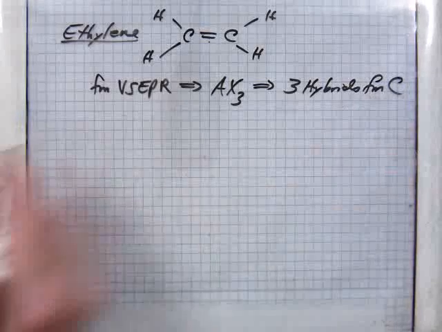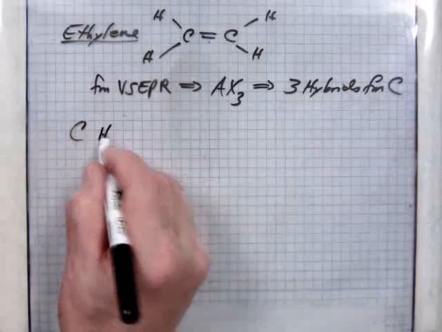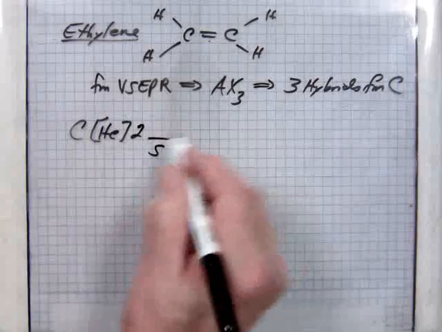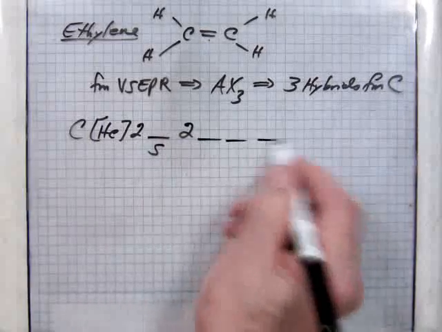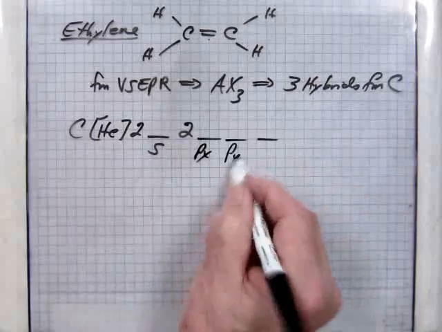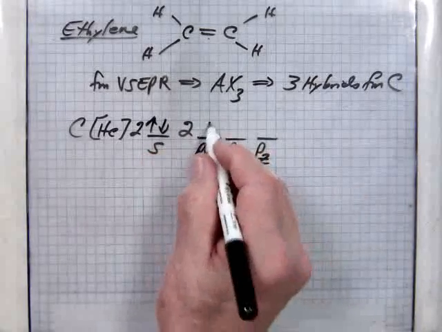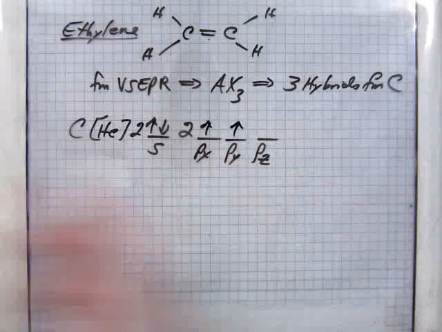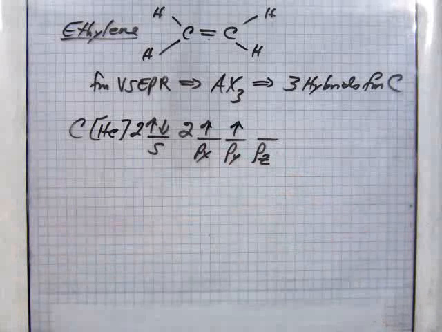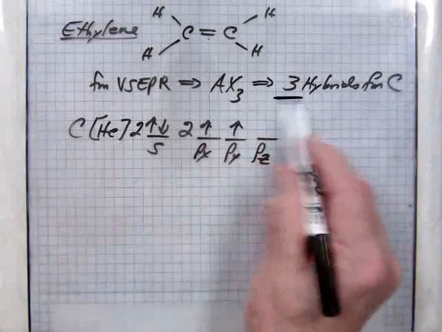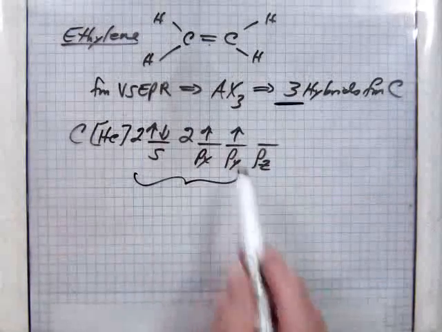Well, when you draw out carbon and look at its electron configuration, you're full in the 2s, and then you have paramagnetics in the px, py, and empty in that one. But it says I only need three hybrids, so that's exactly what I take.